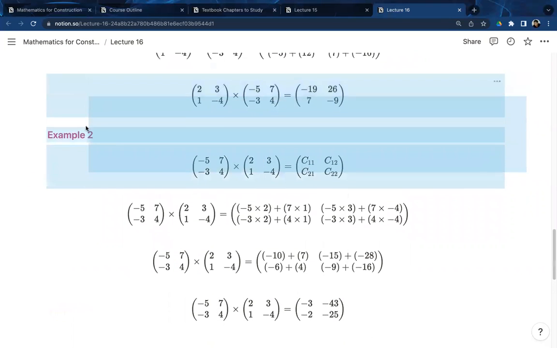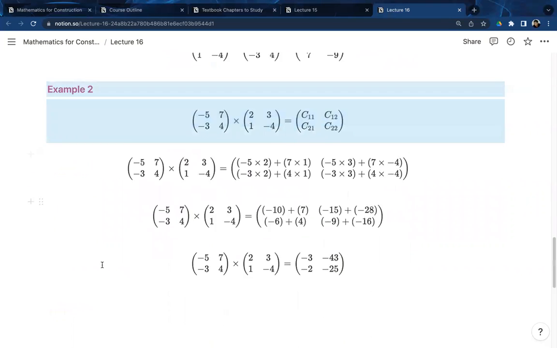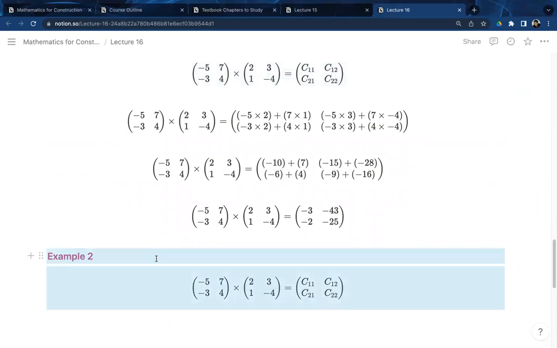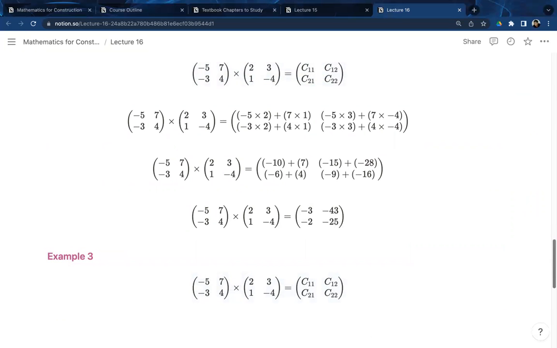To give you all another example to do, look at this question here.